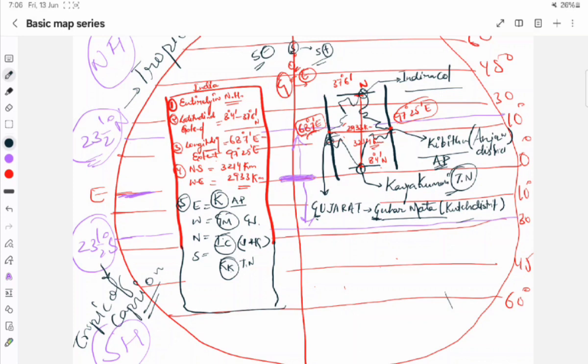Now we have another line to see, which is the Indian date line. Now what is the Indian date line and how has it been decided?